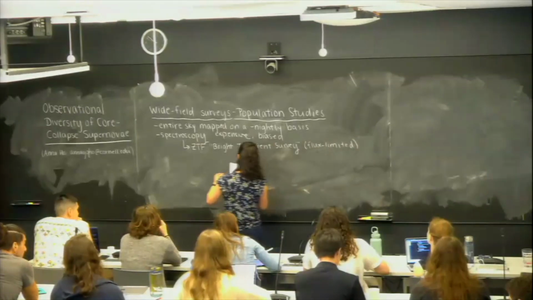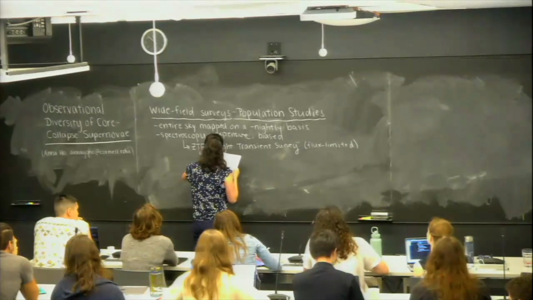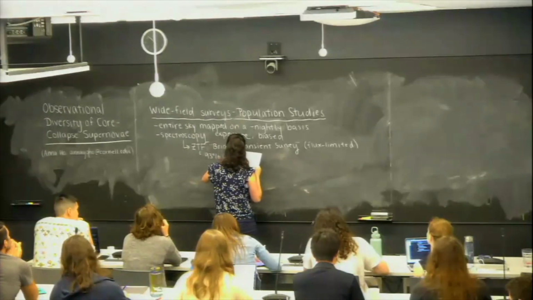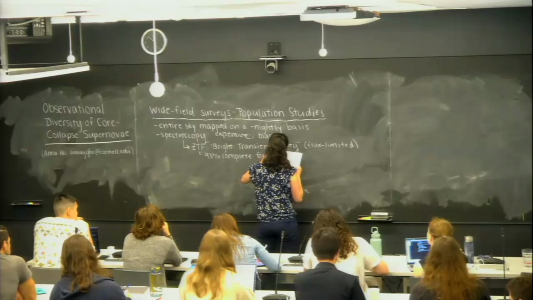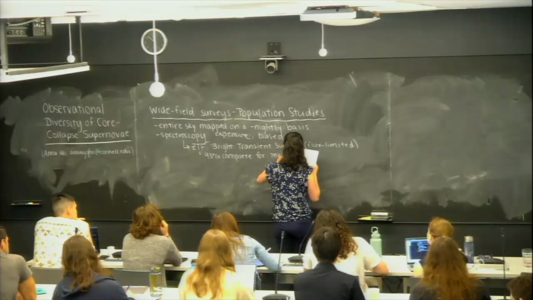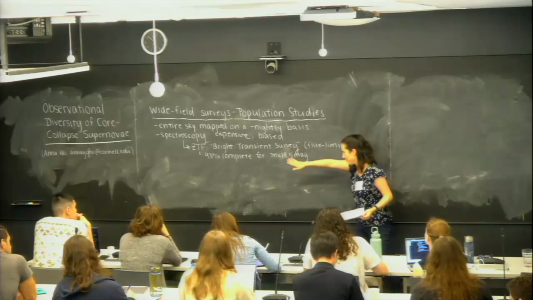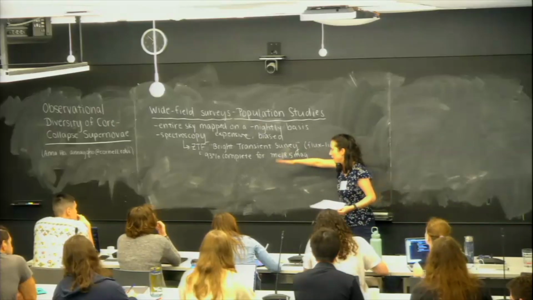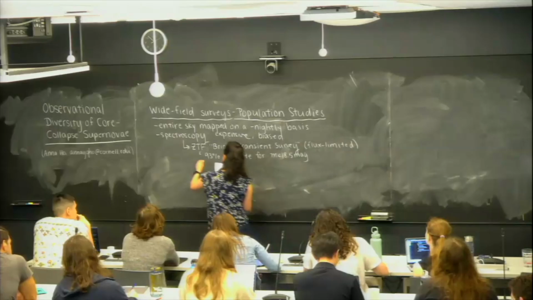That's what flux limited means. So it's 93% complete for this particular threshold. We can talk more about why this threshold was chosen if you're interested.